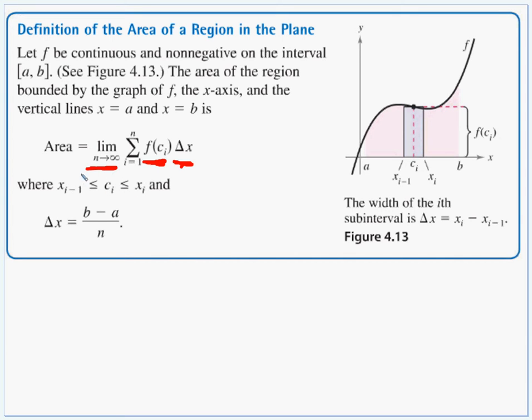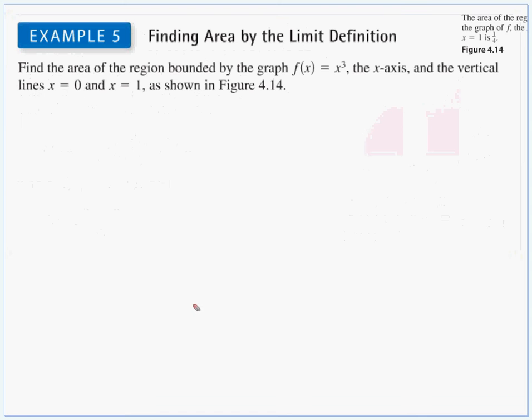That just means they are consecutive rectangles, and delta x, the base of any rectangle, is b minus a divided by that number n. Whew, that was a mouthful.